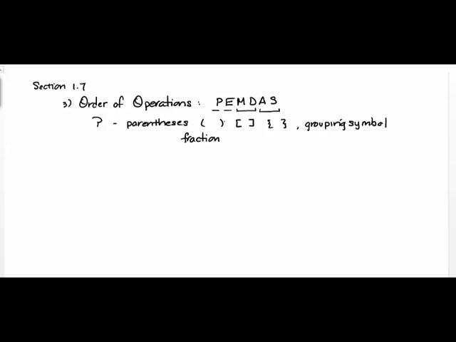It's just a fraction, the bar between the numerator and the denominator. Your absolute values, and your radical, your square root symbols. These are all grouping symbols.